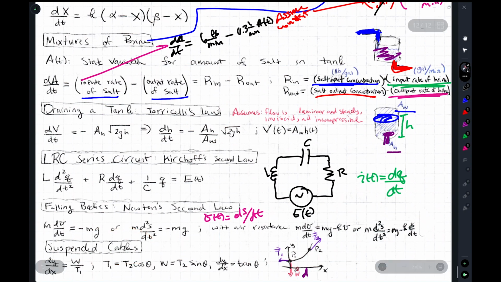Suppose you have a suspended cable like this, and we consider 2 points of the suspended cable, a point here at the very bottom and a point up here. And we want to know the slope at this point here.